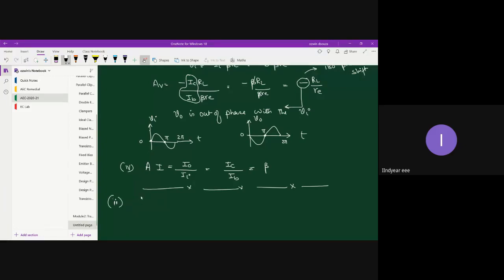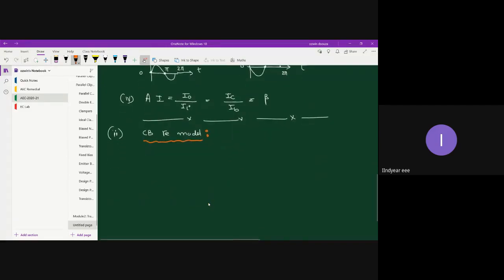Now let's take up the second re model performance parameters, that is the common base re model. All right, let me draw the circuit first. I think you can do it along with me. In the common base re model, your input resistance is re, and this is how you had drawn the current source.